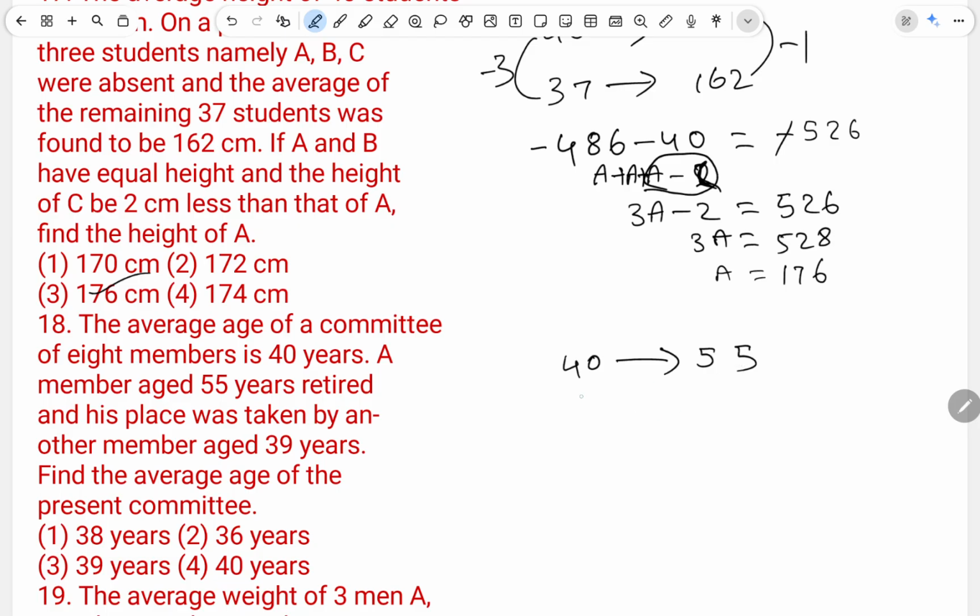So one person got retired and another person joined, means there is no change in the count, but the average, okay, average got reduced by, replaced by 39. Okay, so we don't know this. Sorry, I have wrongly taken.